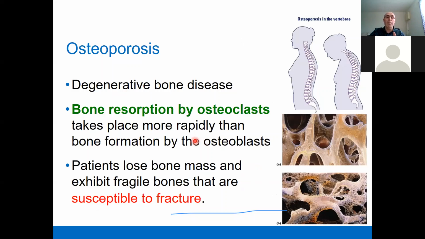Okay, osteoporosis can be seen in degenerative bone disease. Bone resorption by osteoclasts, because the osteoclast's main function is resorption, takes place more rapidly than bone formation by the osteoblasts. Then the patient loses bone mass and exhibits fragile bones that are susceptible to fracture.